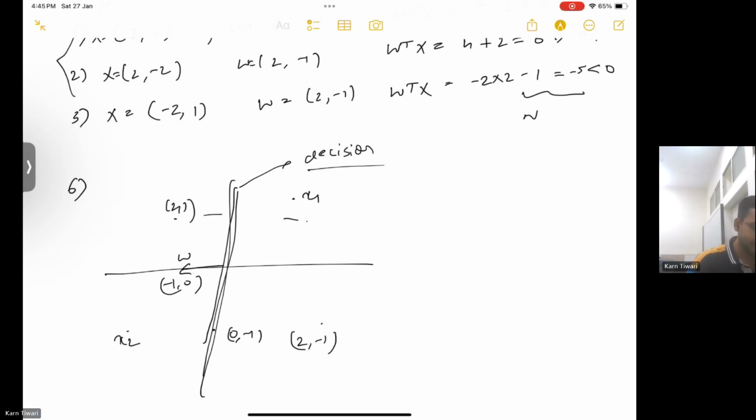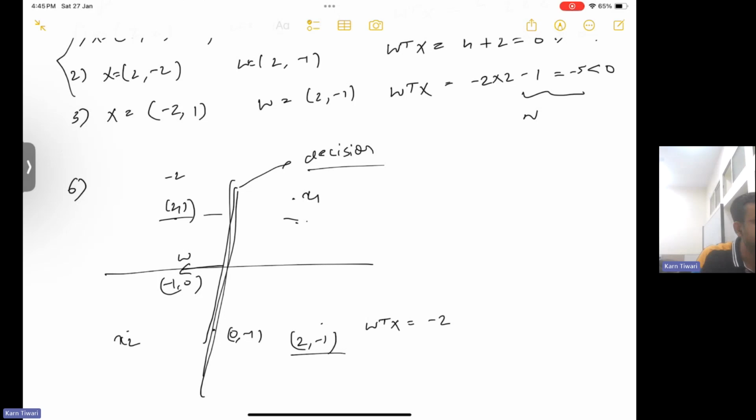If we calculate W transpose X for this point, it is minus 2, because the second component is 0. For this point, it is again minus 2. There is some error in the question related to this point, which is just 2.